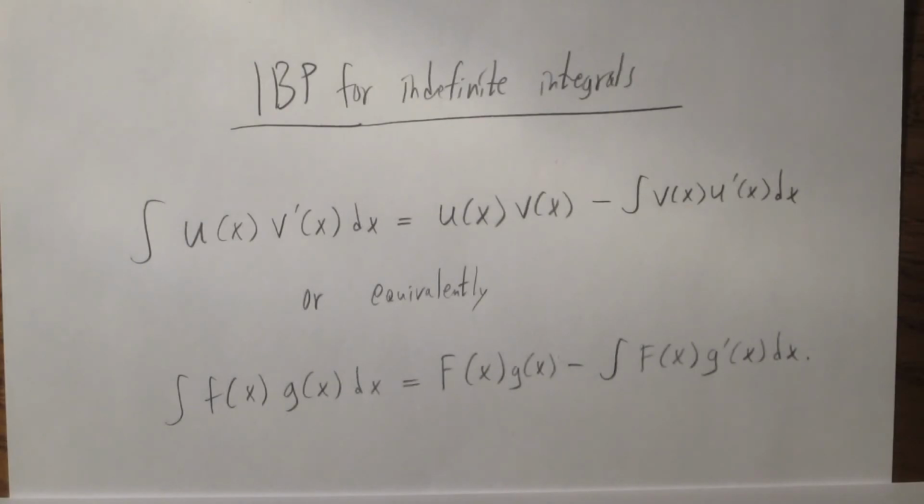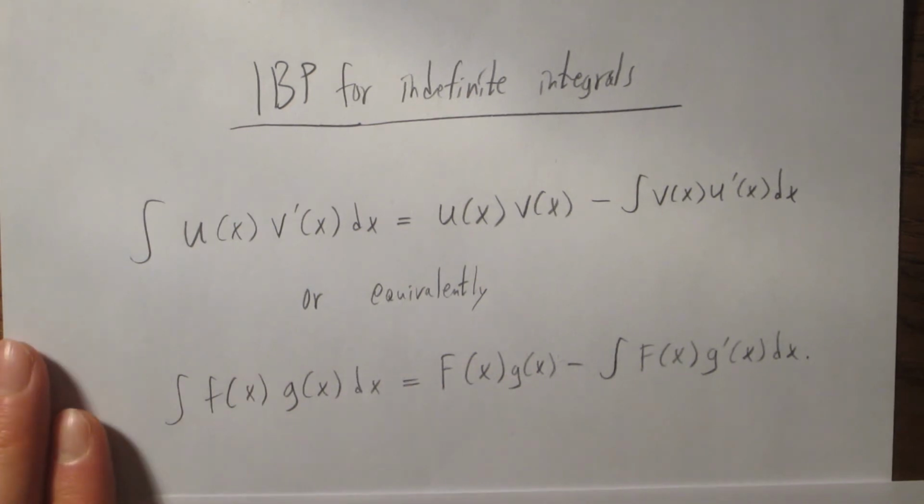It's time for some integration by parts, IBP. Let's first do the indefinite case. So here's the formula. It's basically the product rule backwards, so you can use it when you want to integrate the product of two things. I mean, it might not always work, but you can try it.